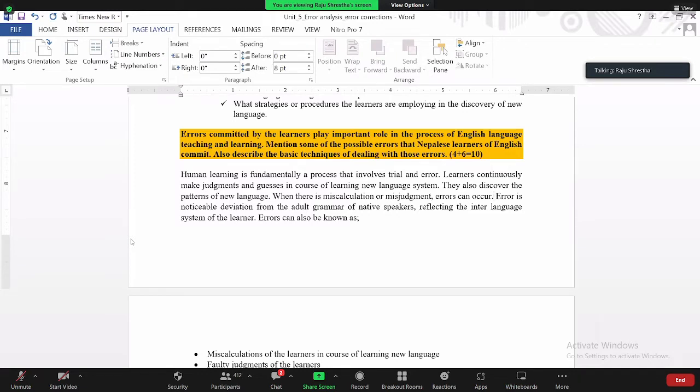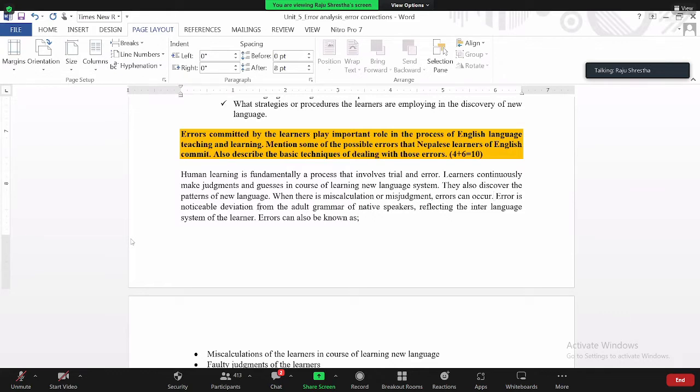After a modal auxiliary verb, can, could, shall, should, may, might, plus base verb comes, not knowing that, they said "he can says", and this is a kind of wrong judgment. As a result, they produce errors. So when there is miscalculation or misjudgment, errors can appear.